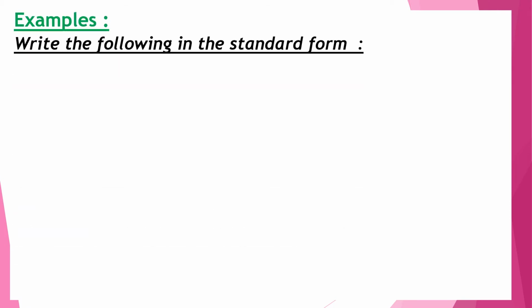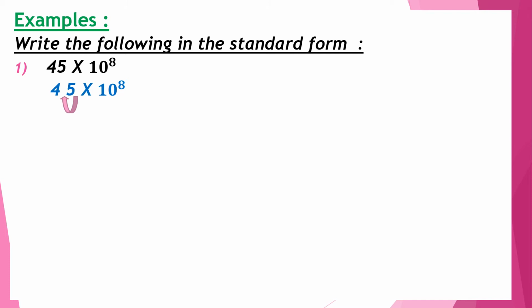For example, write the following in the standard form. We have 45 times 10 power 8. To make 45 in the form of a, with absolute value of a greater than or equal to 1 and less than 10, we must put it as 4.5 times 10.